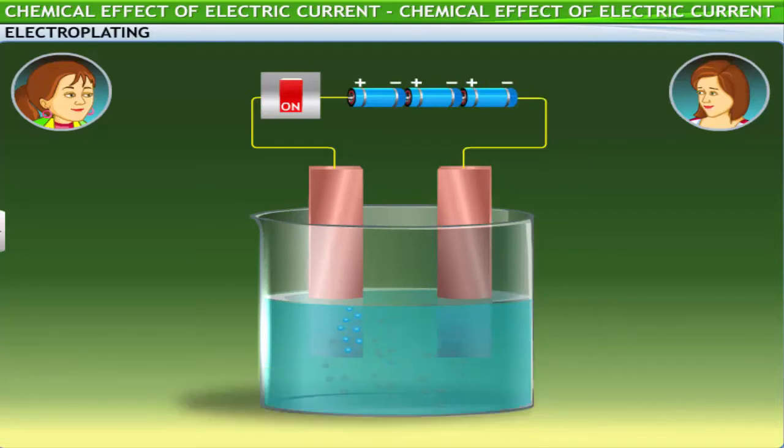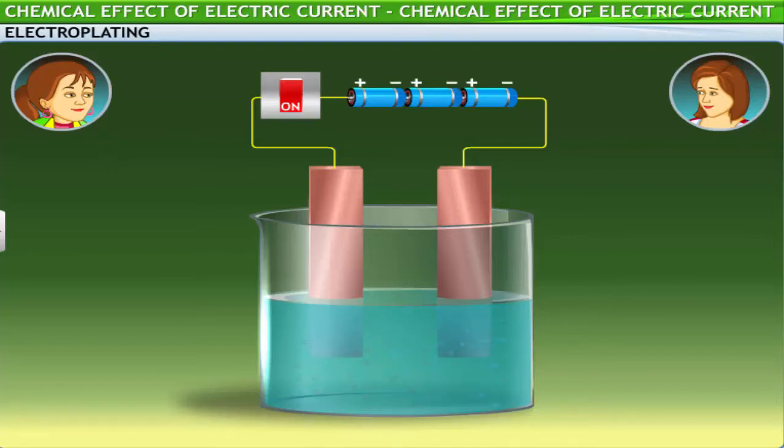But what about the loss of copper from the solution? Doesn't that make the solution unstable? Well, not really. From the other copper electrode, which is connected to the positive terminal of the battery, an equal amount of copper gets dissolved in the solution due to reverse chemical reaction.